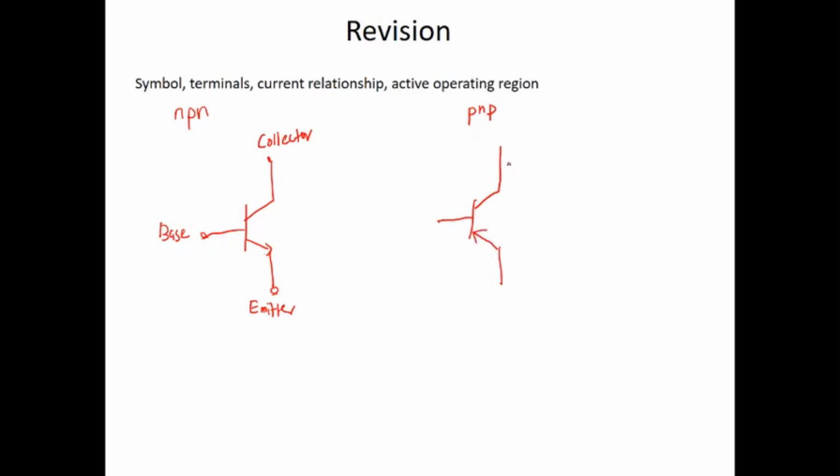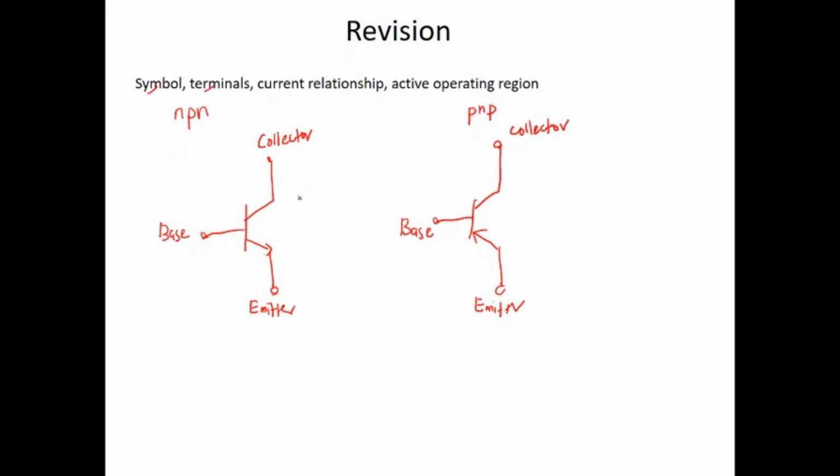So this is PNP. The middle one is the base, the terminal with the arrow is the emitter, and this is the collector.